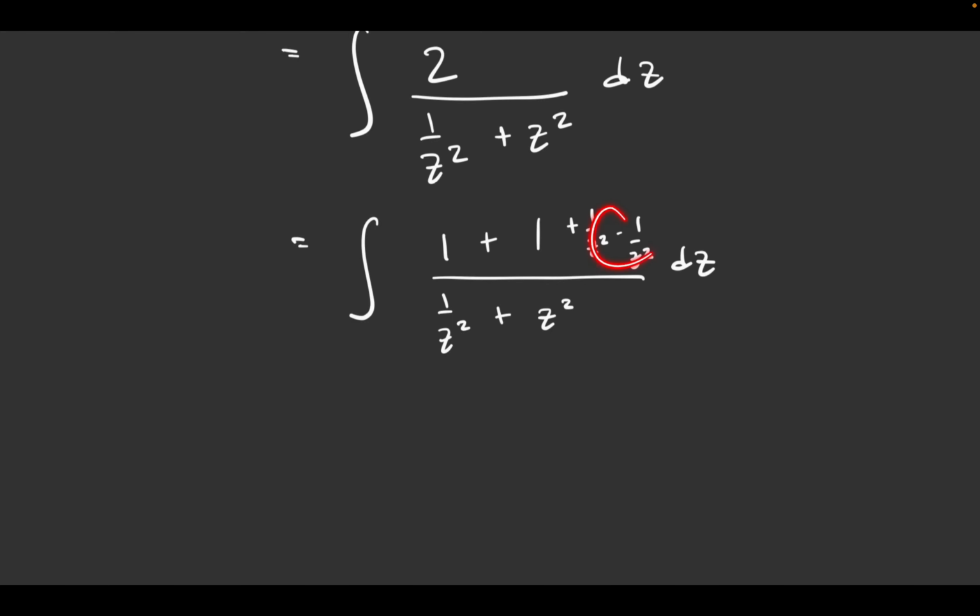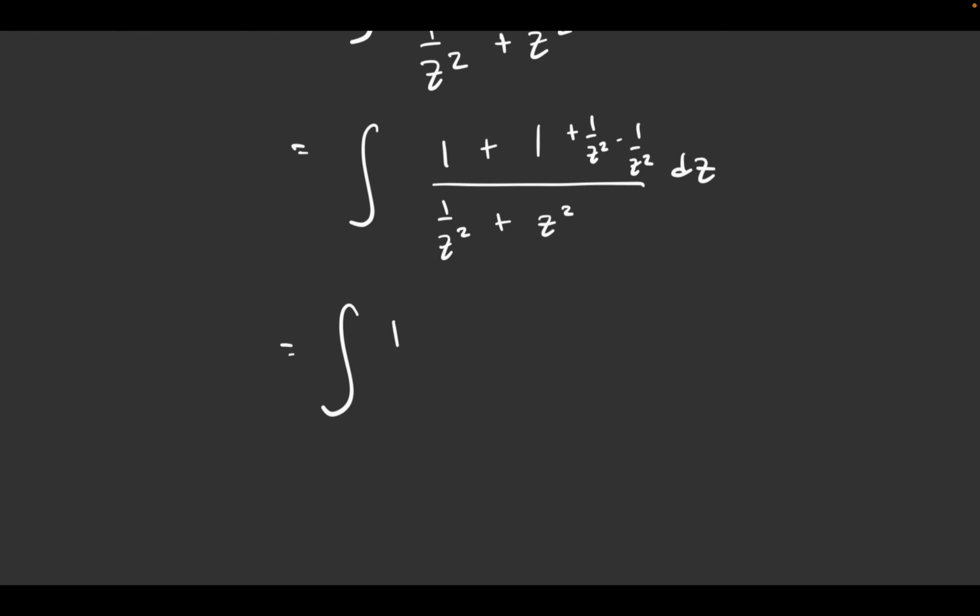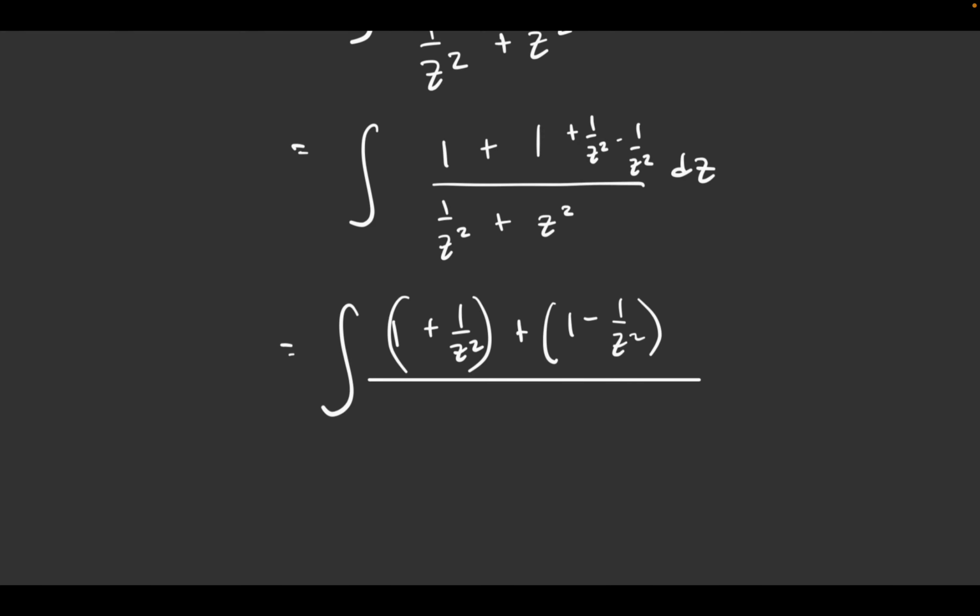So basically, parang 0 lang din yan. Right? And then I will group all of them together. So this becomes 1 plus 1 over z squared plus 1 minus 1 over z squared over 1 over z squared plus z squared dz.